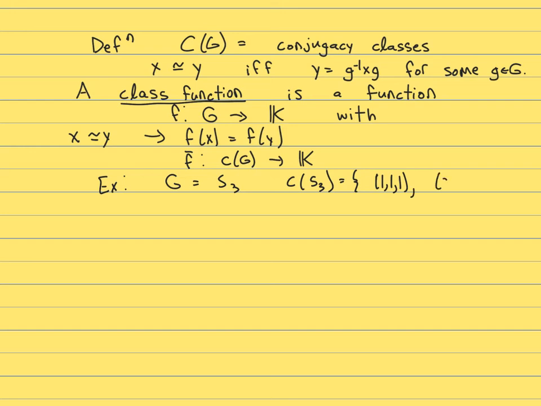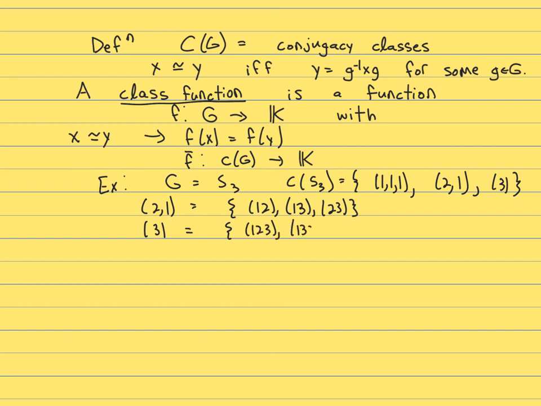These are cycle types you might remember: a 2 cycle and a 1 cycle, or a 3 cycle. So 2, 1 is the conjugacy class consisting of all 2 cycles only. And 3 is the conjugacy class consisting of the 3 cycles. Of course, for the purposes of the table, I'll stick with the familiar notation with the partitions. So these are our conjugacy classes.